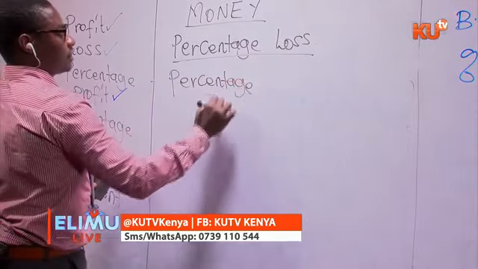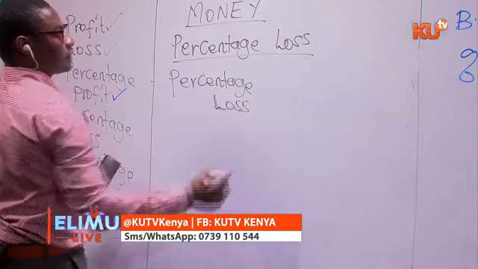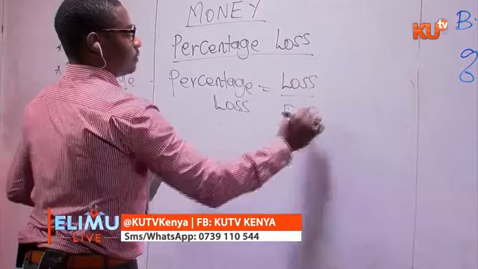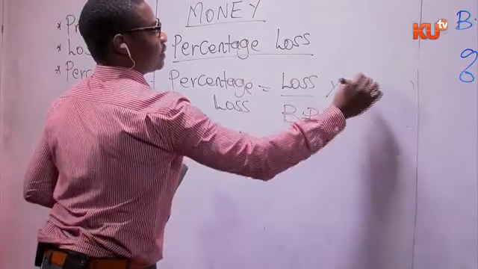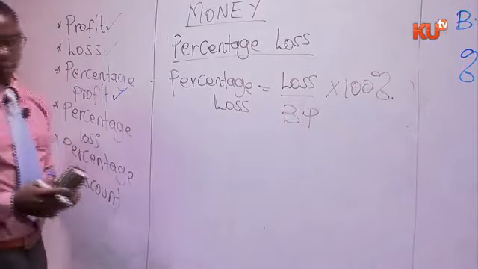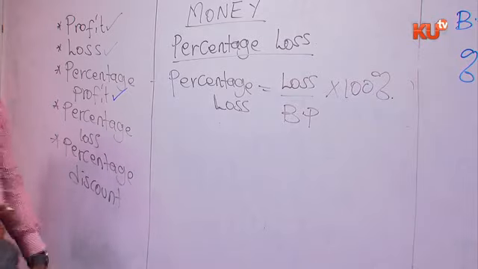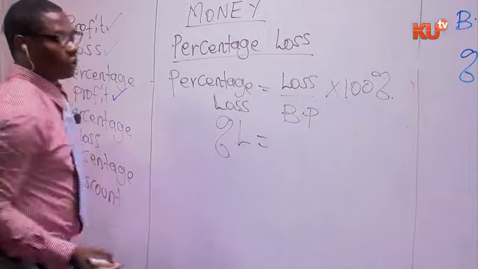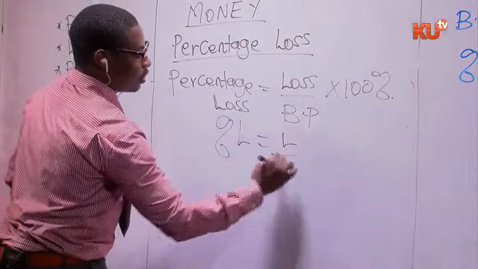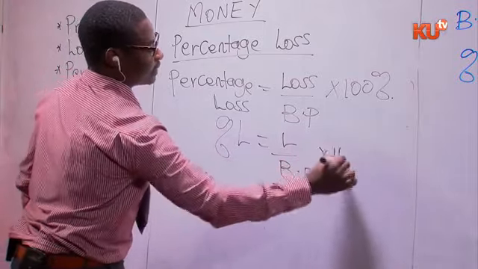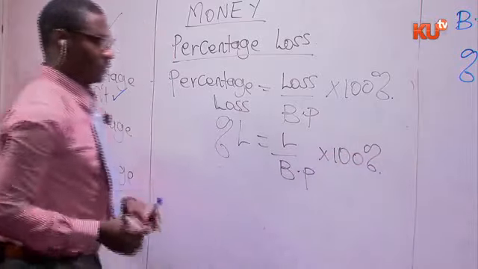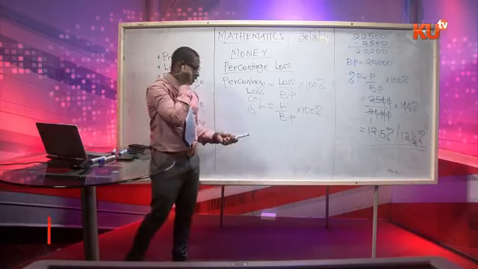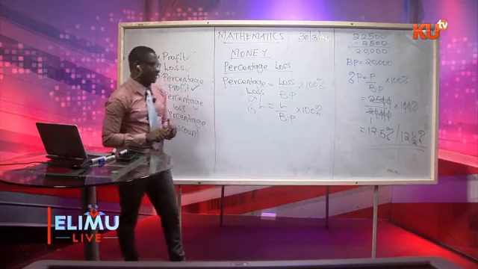Percentage loss will be loss over buying price times 100%. In initial form, percentage loss is equal to loss over buying price times 100%. So that is the formula for calculating percentage loss.